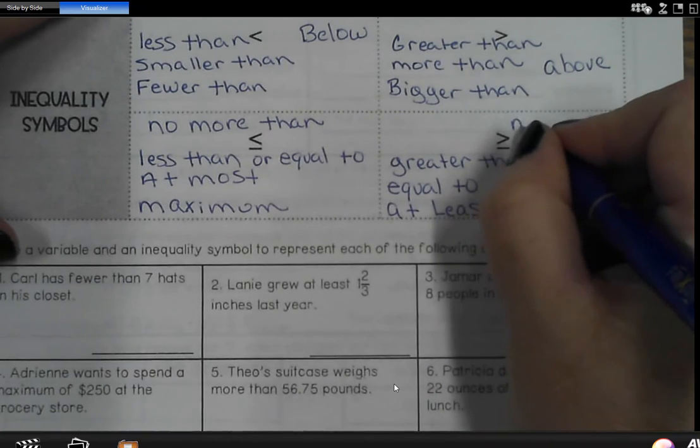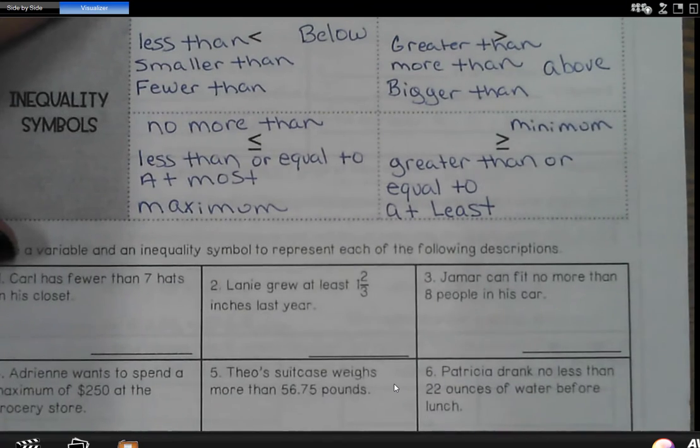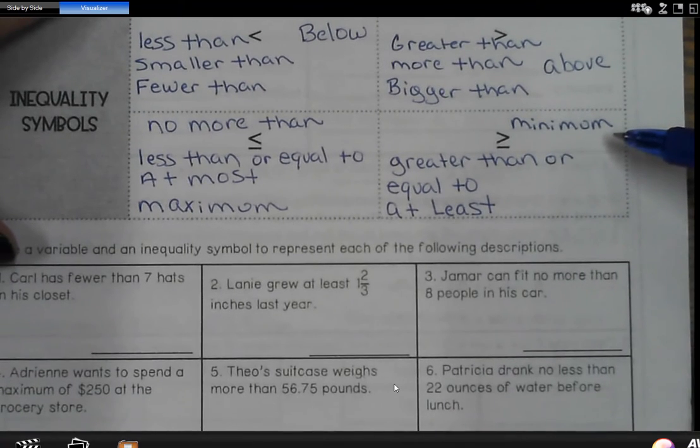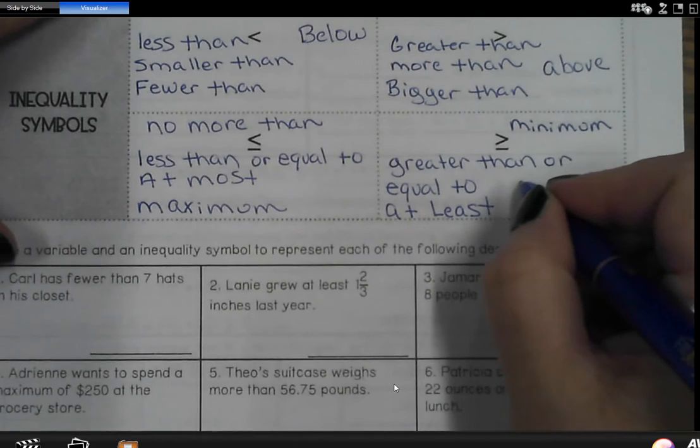Minimum. I have a minimum of $10. Do I have less than $10? No, I have more than $10. And no less than.